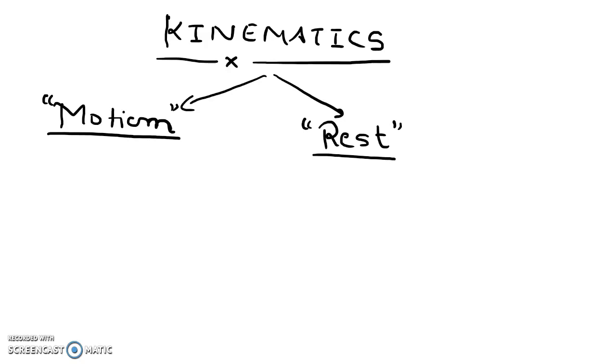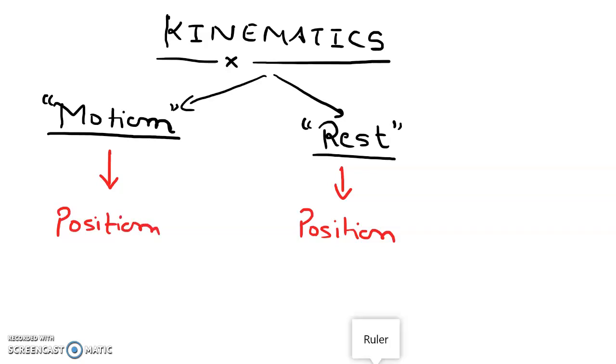So what is motion? When a body does not change its position with time, we call it at rest. When a body changes position with time, we call the body at motion.